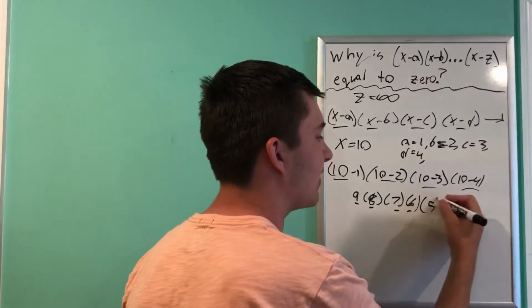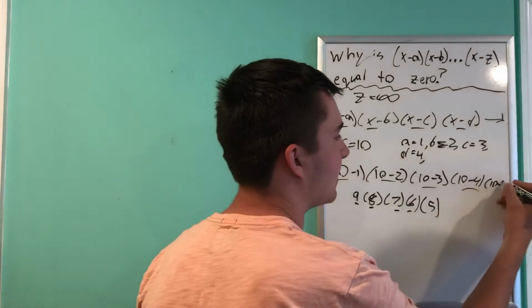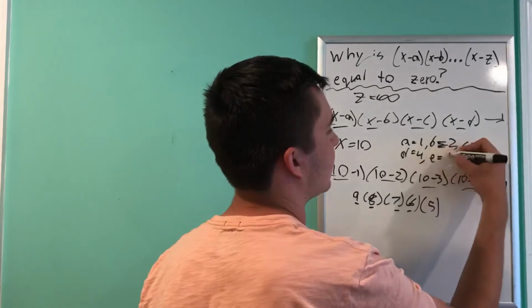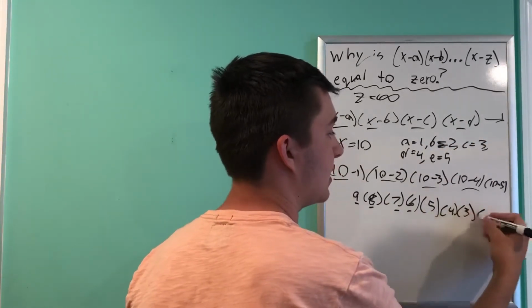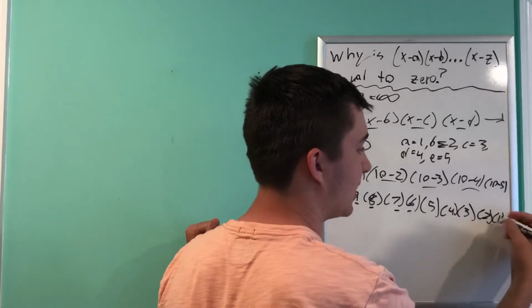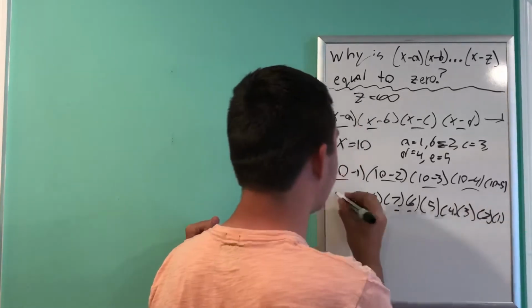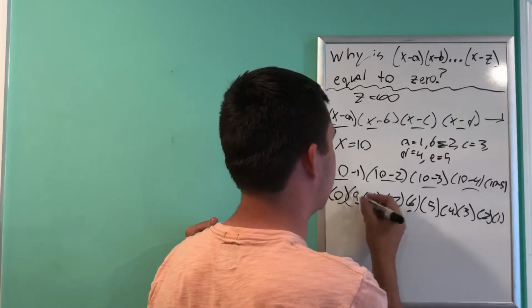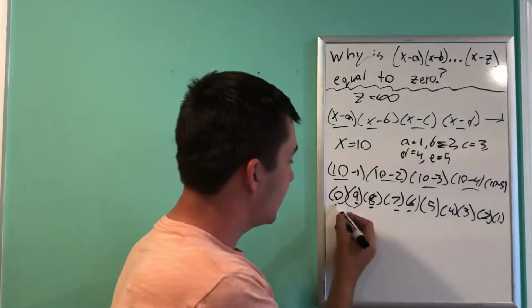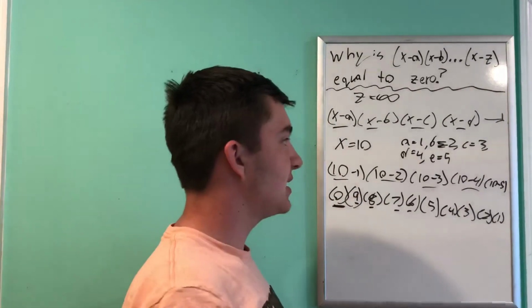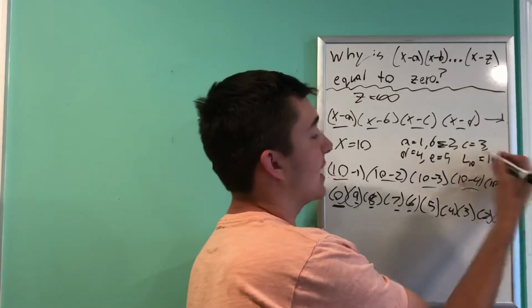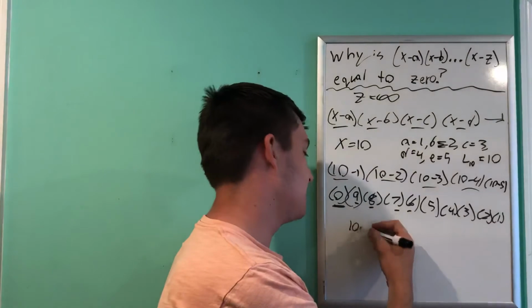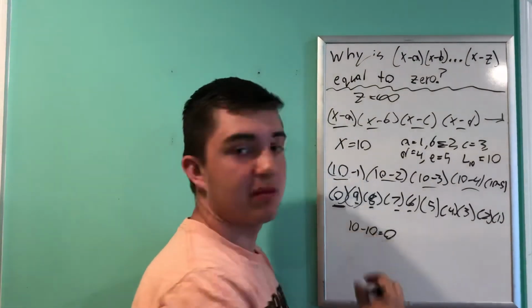Well, then it's 5. 10 minus 5, because e is equal to 5, times 4, times 3, times 2, times 1, and then all the way at the end, times 0. Because the 10th letter is going to be equal to 10. And what's 10 minus 10? 10 minus 10 is equal to 0.